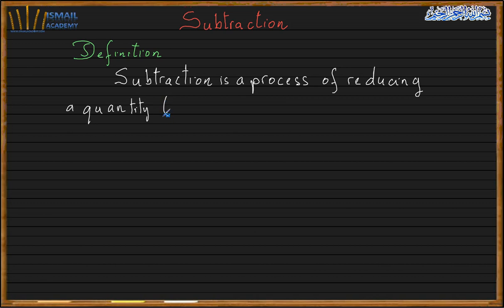This quantity is called the subtrahend. This is the name of the quantity we pull out from another quantity.